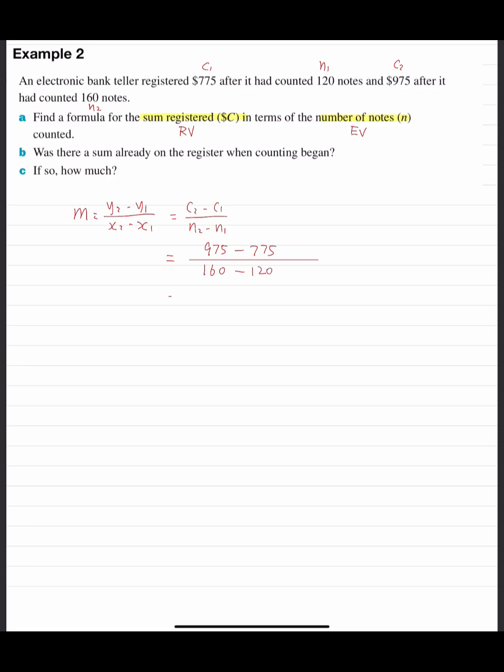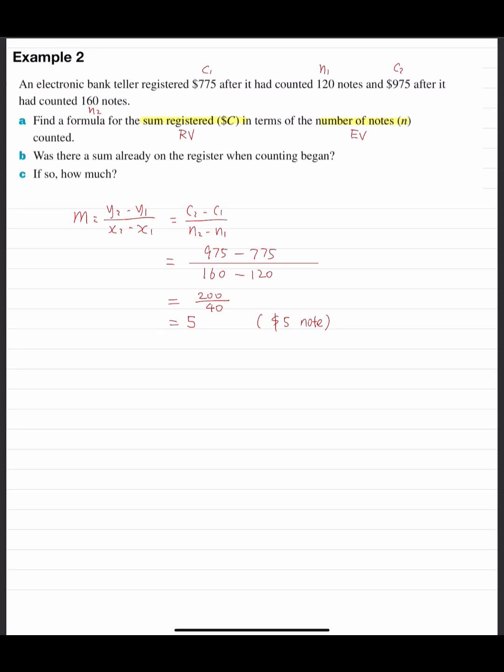And then you get 200 over 40, which is 5. So we found out the rate is 5. Basically, it tells you all the notes that they've counted are $5 notes. So the gradient equals 5.